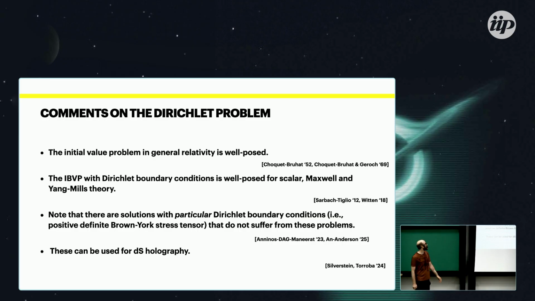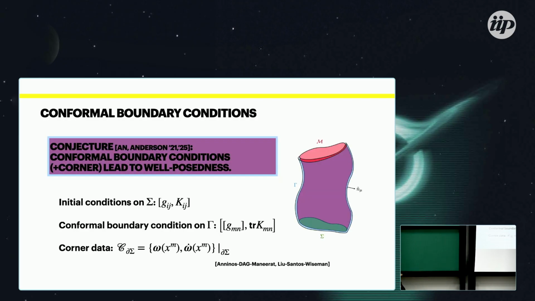Okay, but today I would like to talk about this other set of boundary conditions that we call conformal boundary conditions. These were conjectured in this same paper by Anna and Anderson to be well posed, and I will tell you a little bit of the story about how that is going since 2021.